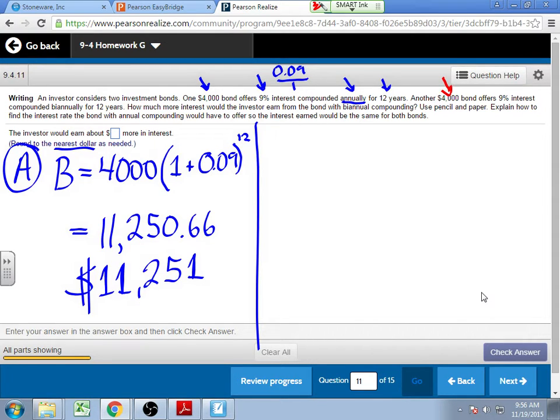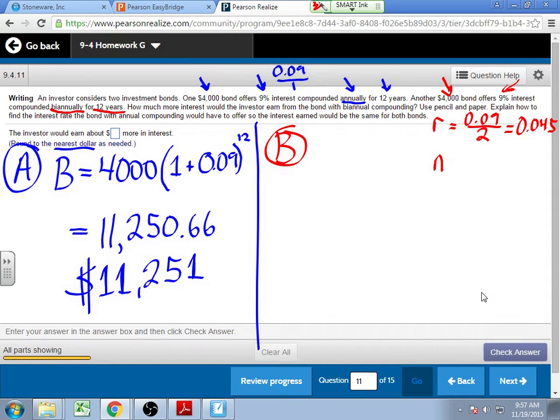Another bond, we'll call this B, was 4,000 at 9% interest. However, it's going to compound biannually for 12 years. The only change in this formula is going to be that now my rate is going to be the 0.09 divided by 2, so it becomes 0.045.